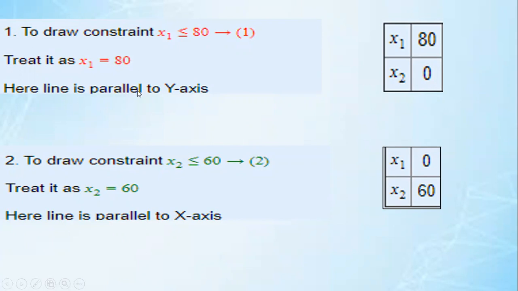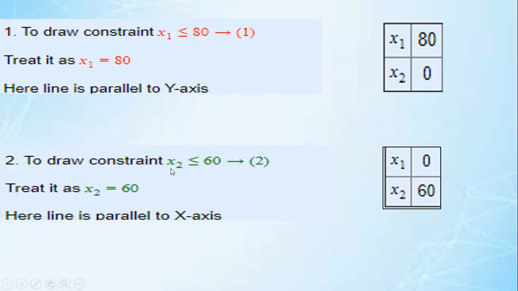Here this line is parallel to the y-axis because we have 80 as the x1 value and 0 as the x2 value, because there is no x2 term in this equation. So the coordinates are 80, 0. You plot it along the x-axis and draw a line parallel to the y-axis.